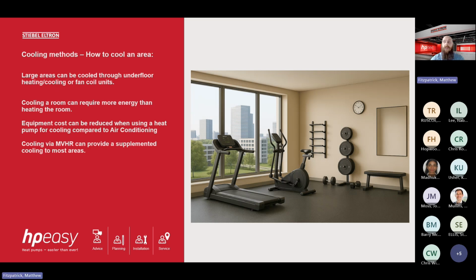Now we can heat and cool through MVHR, mechanical ventilation heat recovery. This works in the same process as the downdraft heaters. We will have plate heat exchangers that cool or heat the air. And in doing so, rather than bringing in 25-degree warm air from outside in the summer period or 6-degree air temperature in the winter, we will add or reduce heat, or cool the air, before it's applied to the rooms.